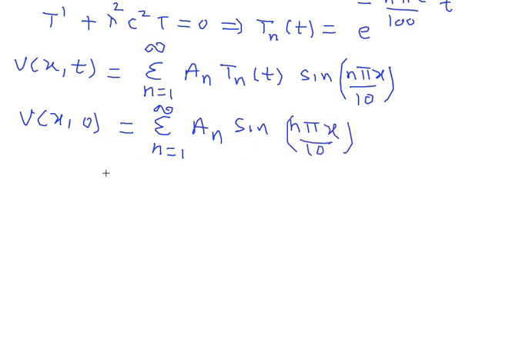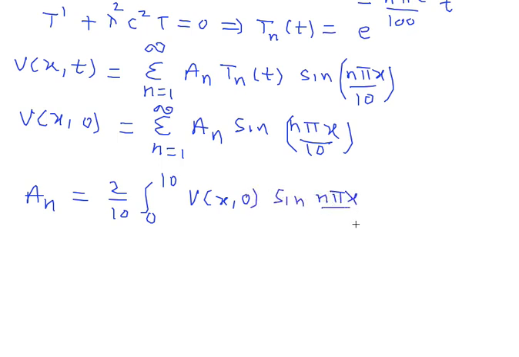This a_n will be 2 over L, where L is 10, integral 0 to 10 of v(x,0) times sin(n pi x over 10) dx.